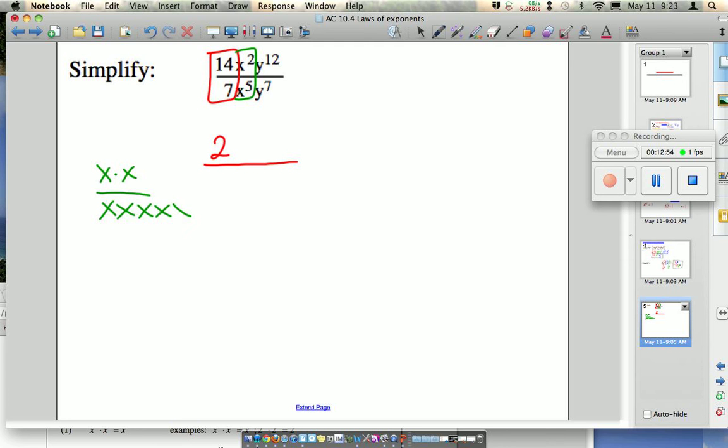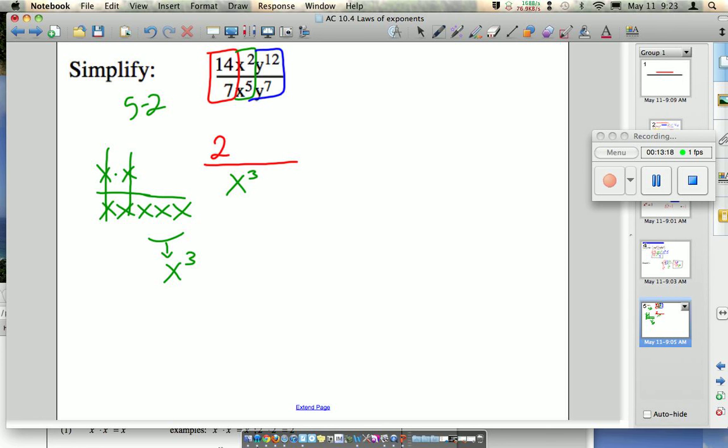Do you see the ones? There are 2 ones, and there'll be 3 x's left on the bottom. That's going to turn into x to the third, because that's easier, but it's on the bottom. So we've figured out the difference between 5 and 2, and we put it in the bottom because that's where the extras are.